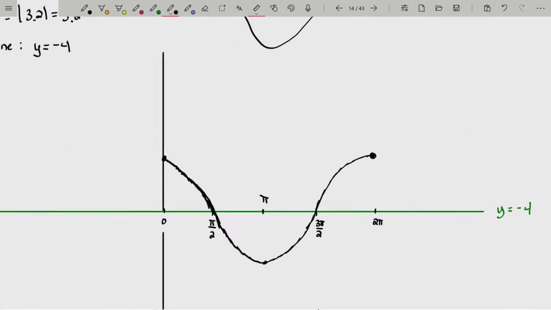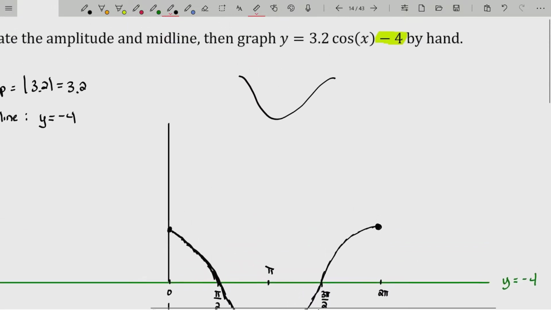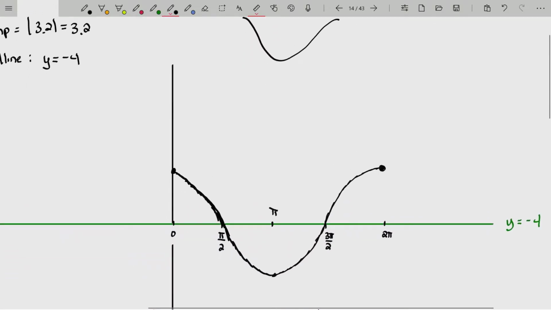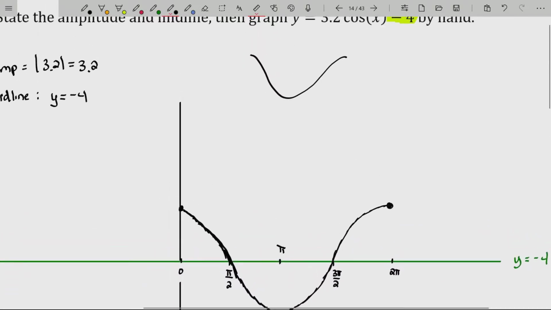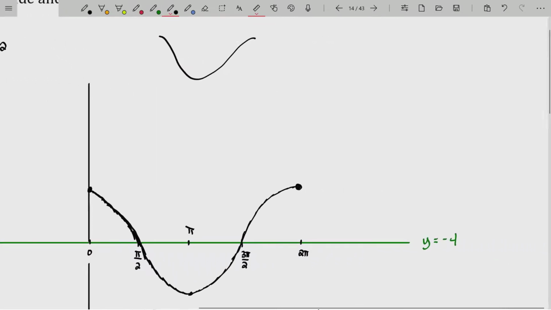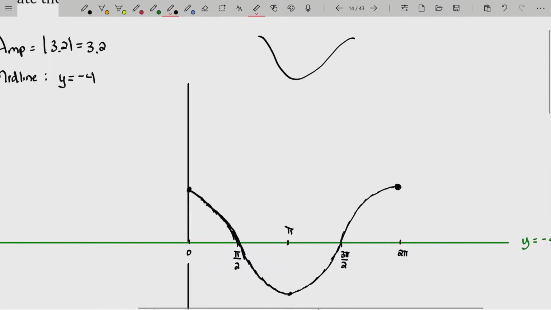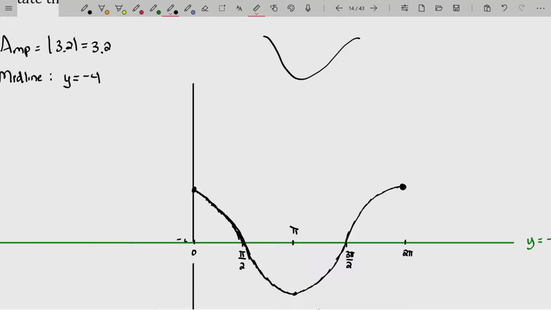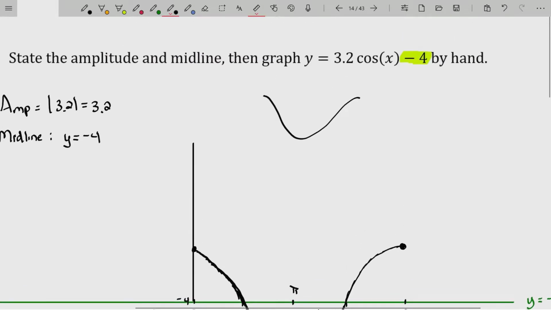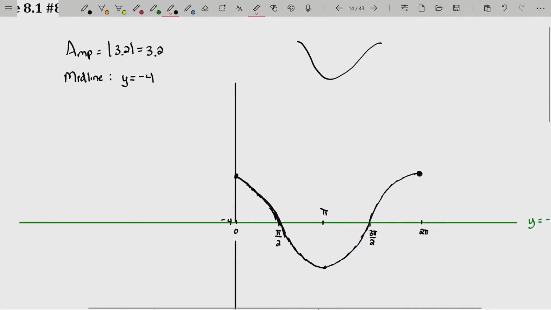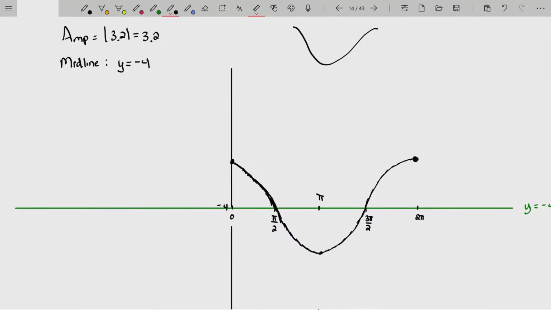And now I'm going to label my y, or the maximum minimum y values. Now, we started at a midline of -4. So this height right here is a -4. Remember, the amplitude is 3.2. That means that the distance up, we're going to add 3.2, and the distance down, we're going to subtract 3.2.